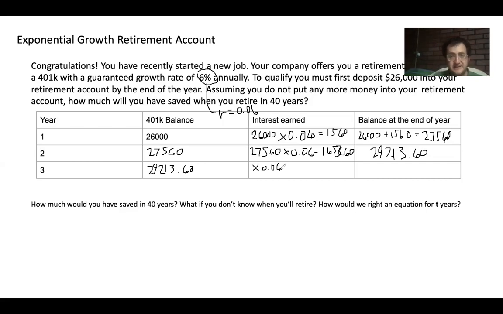So when we do that, times 0.06, we get 1,752.82, give or take. And we add that to the 29,213.60, and we are at 30,966.42.